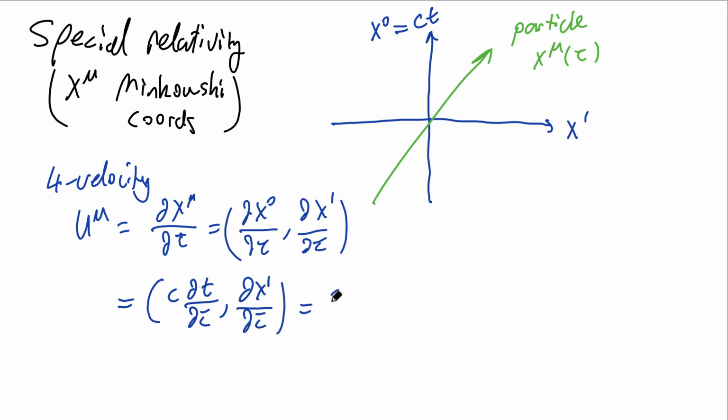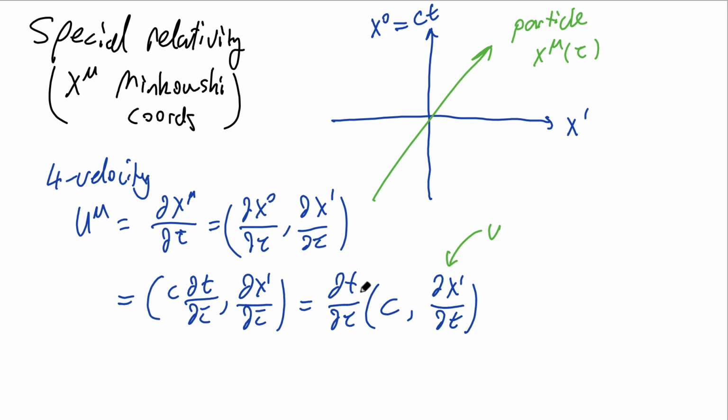Now pull this factor, partial t with respect to τ, outside. We have partial t with respect to τ times c, comma, this term by the chain rule we can write as partial x^1 with respect to t. Now this is just the ordinary velocity of the particle as seen by an observer at rest in this frame. In other words, an observer just traveling up the t-axis. So we'll denote that as v.